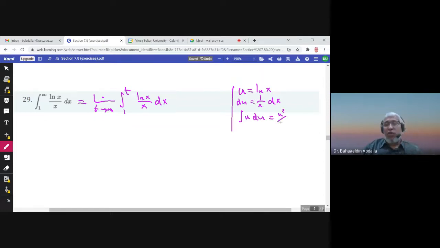So it's u squared over 2, which is (ln x) squared over 2. So from 1 to t, I'll have (ln x) squared over 2 from 1 to t.